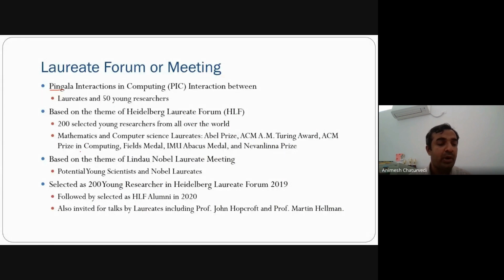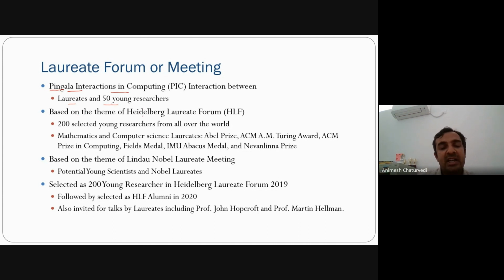So coming to the point, there is a laureate forum meeting, like the Pingla Interaction in Computing, which is about to happen in 2024. There will be laureates and 50 young researchers who will be invited.